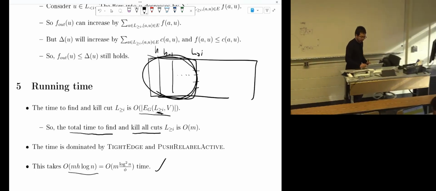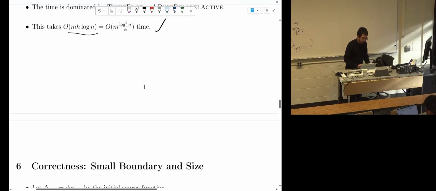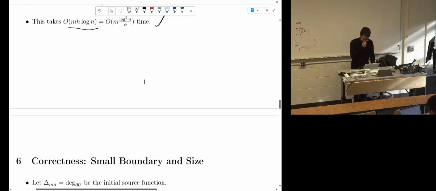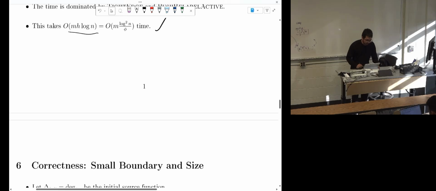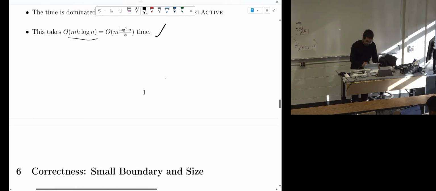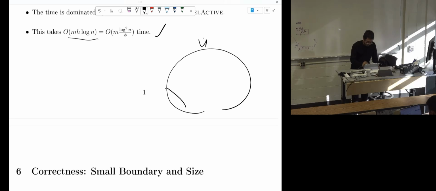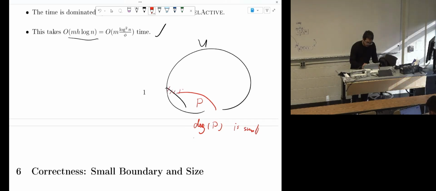Okay, so now let's prove the correctness. We just have left to prove two things: that when you are going to prune something, the size of P is small, and also the new battery here is not too big.